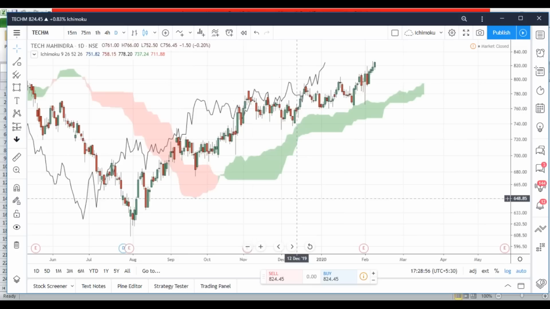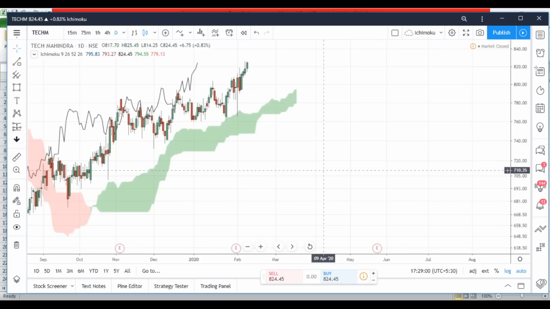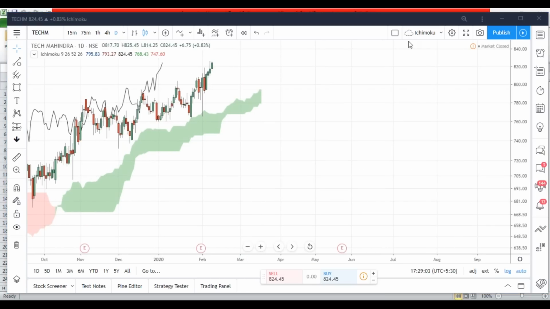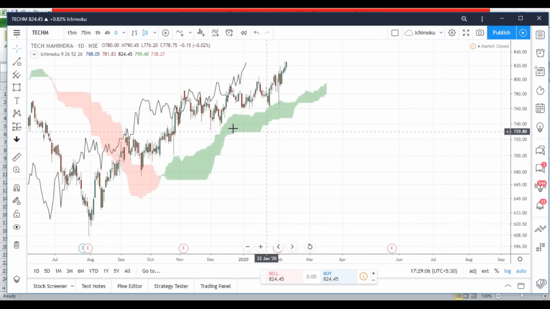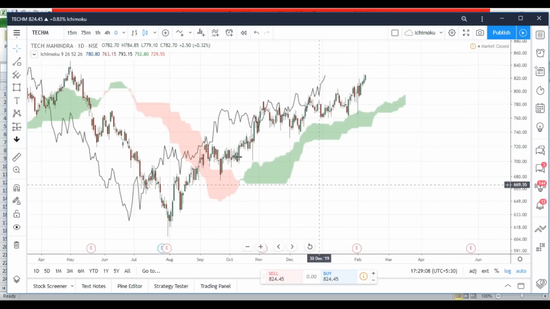I posted this chart on Twitter as well. If I remember correctly, it was around 734, the level when price broke above the cloud as well as the Chikou Span here. So this trade I took and I closed somewhere here at 762.